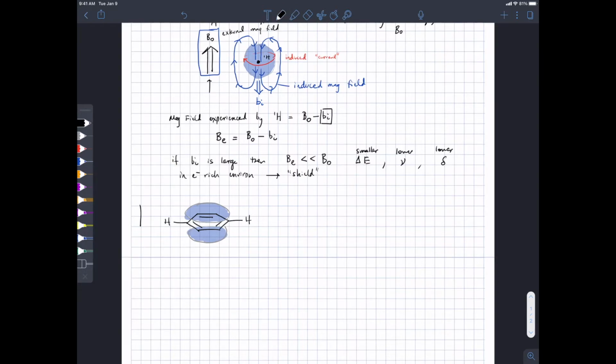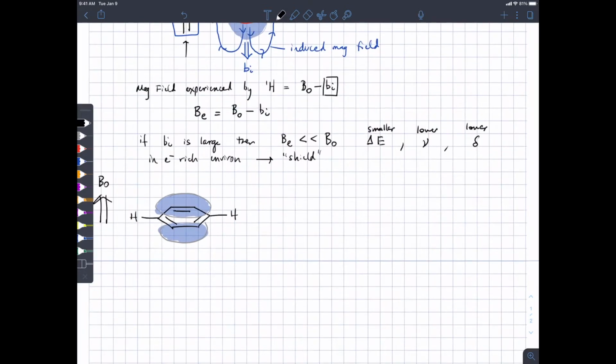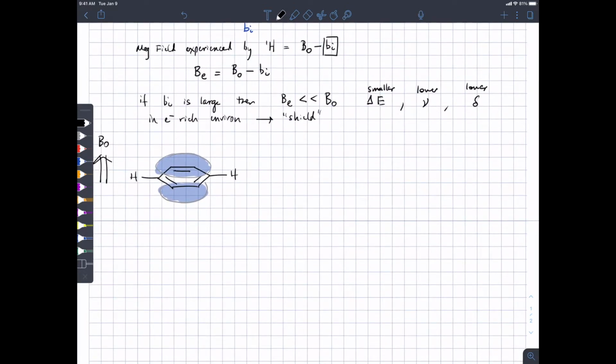If you apply the external magnetic field and then do the same analysis with the right-hand rule and the field lines, what you would show is that the current is circulating in this direction, and therefore the field lines oppose the external magnetic field inside the ring and on the faces of the ring, but actually reinforce the external magnetic field outside the ring.